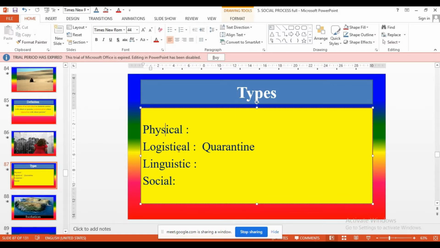Then logistical isolation. Logistical isolation is what we have been experiencing now, to break down the chain of disease spread. Example, quarantine.